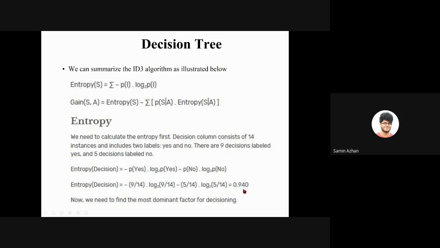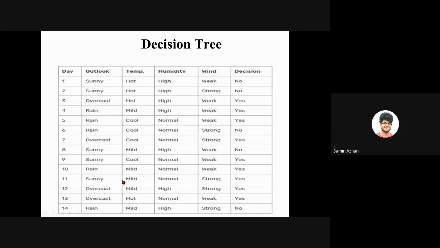It gives us something like 0.94. This is the entropy of decision. Now we have to figure out which should be our root node in our decision tree. Which of these features or attributes should we choose first in order to get the best outcome?